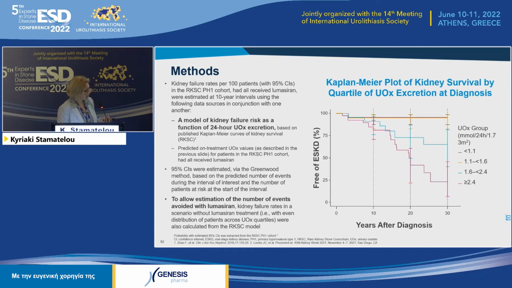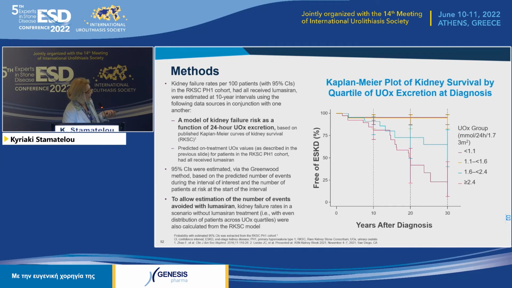What they show in this graph is that the red bar is patients who had the highest urinary oxalate excretion at diagnosis. And this is what happens with these patients at 30 years.